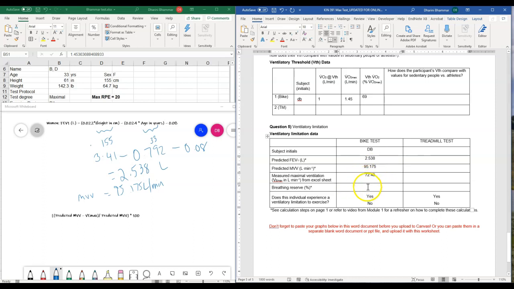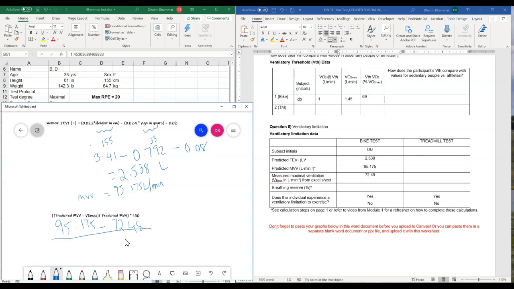We have the measured ventilation. So this is the last step: you have your predicted MVV, which is 95.175, minus maximum VE, 72.48, divided by 95.175, times 100. And when you solve for this, you're going to get 24%. And so that will be your last one, 24%.